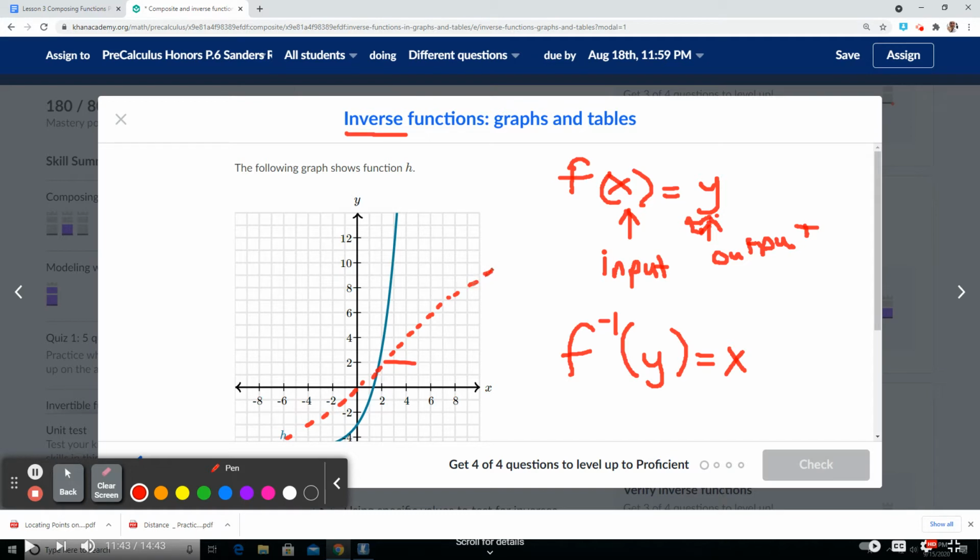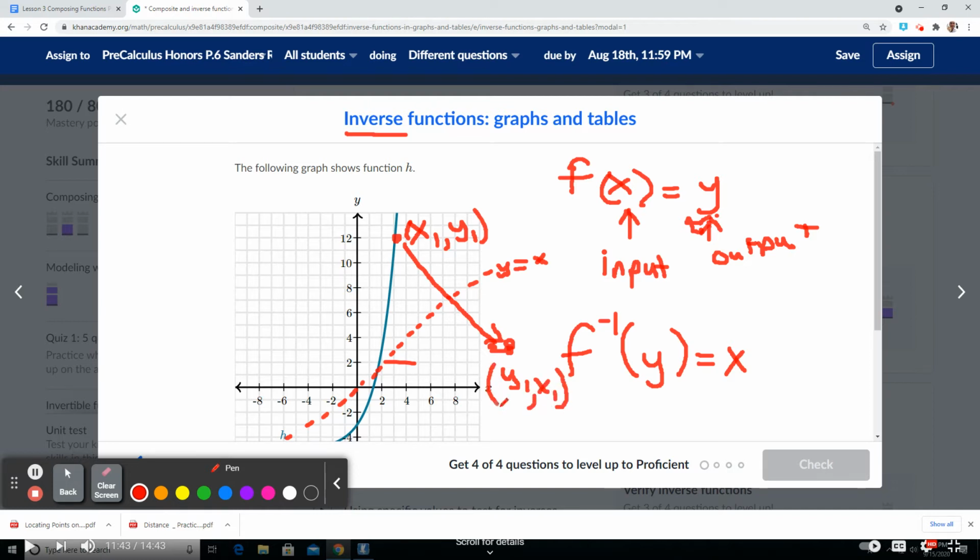All right, so what's this line right here? This line would be the y equals x line. So when we have an inverse, every value is switched. So the x1, y1 value right here would be reflected over this y equals x line, and then the new value would be a y1, x1 value.